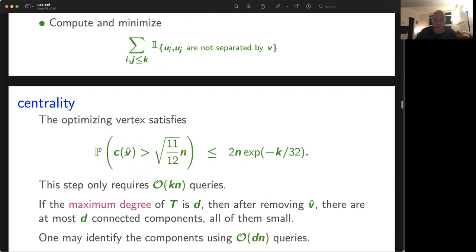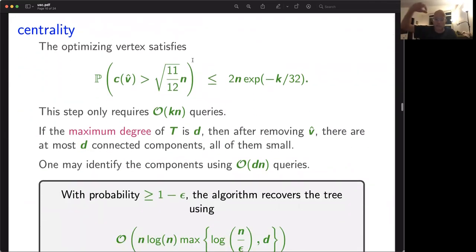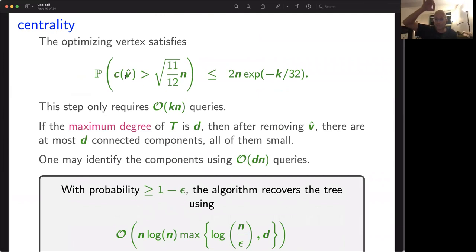Then the vertex that optimizes this has the property that the size of the largest subtree hanging off the chosen vertex is at most 96% of the size of the whole tree, the square root of 11/12. This is the important thing, that this is a constant which is smaller than 1. And this can be achieved whenever k is logarithmic in n.